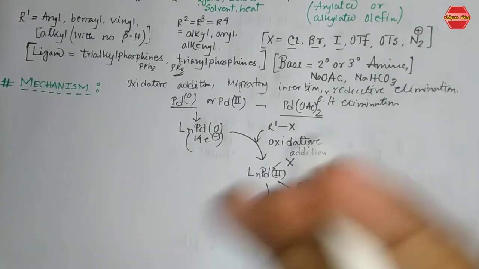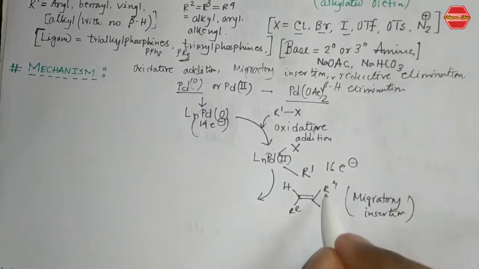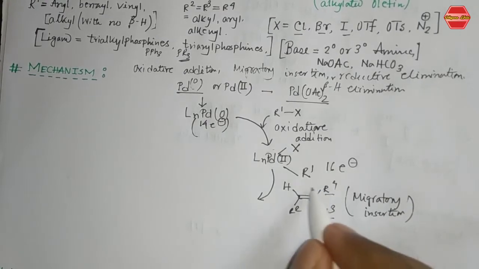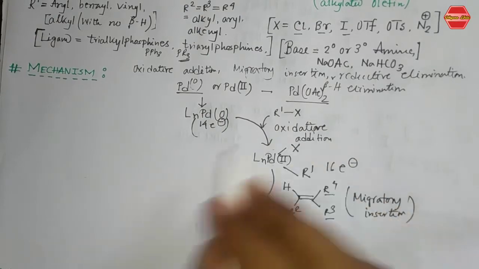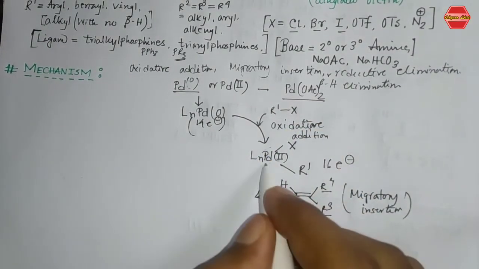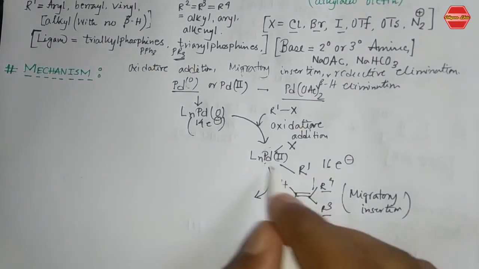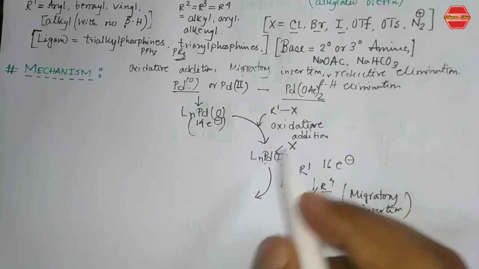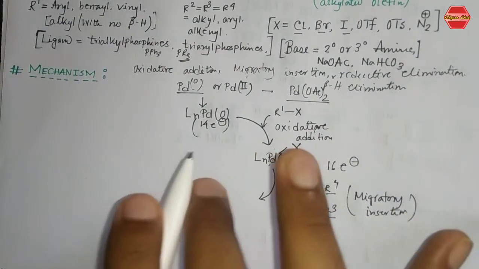In this case you can see that these two R groups are present, so this carbon is highly substituted. So this is stereospecific and regiospecific as well. So the palladium will directly attack this carbon, and the R group will attack this position. So this is your migratory insertion step.